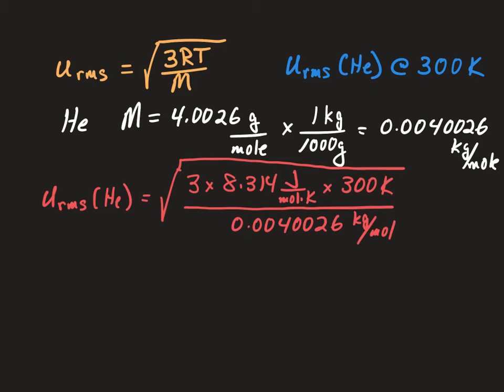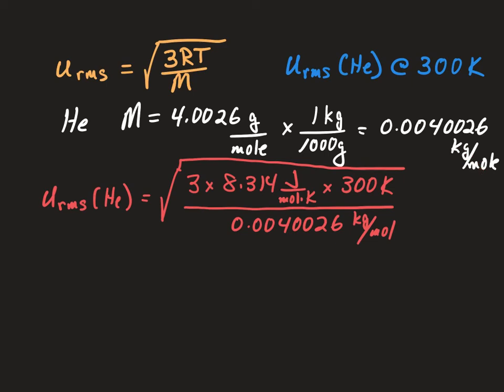So here, let's do the same calculation, but with helium at 300 Kelvin. The big difference is that helium has a molar mass of 4.0026 grams per mole. If we express that in kilograms, it's 0.0040026 kilograms per mole.